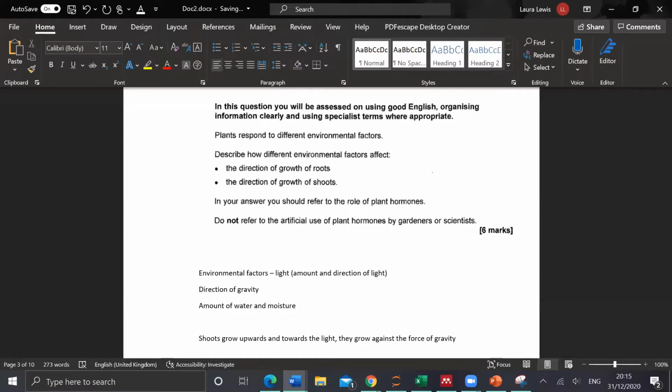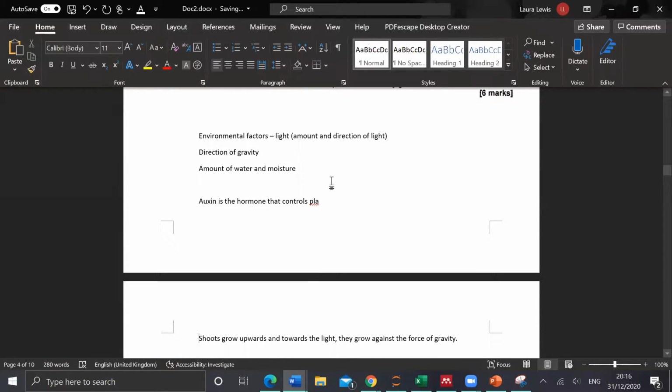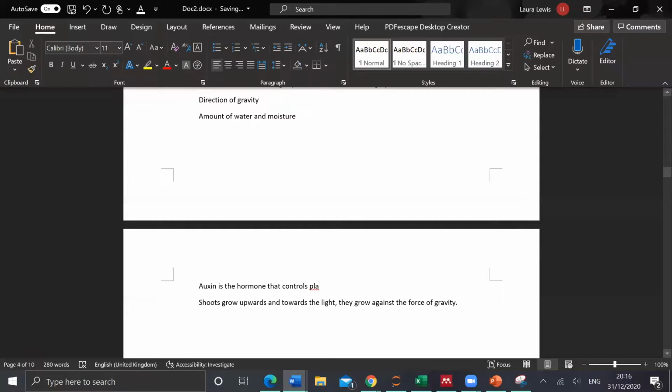So that's the hormone that causes all this. Auxin is the hormone that controls plant growth. Right, so I'm going to just put in the next page for a minute because it's a bit clearer. Plant growth.